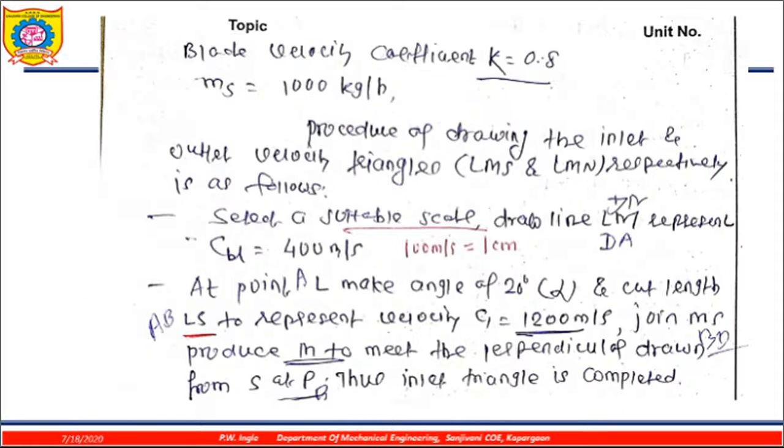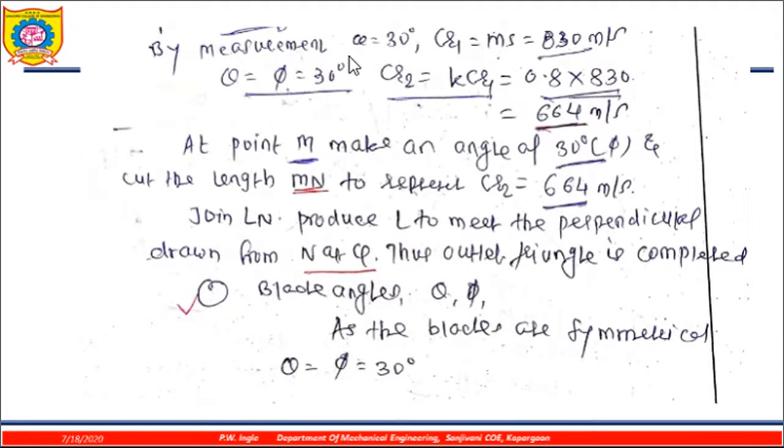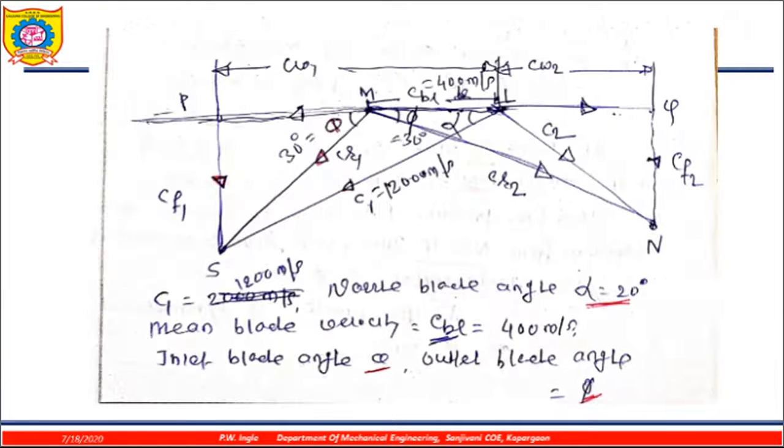By measurement you get theta equal to 30 degrees, CR1 equal to 830 meter per second, and phi equal to 30 because it is mentioned in the problem that they are equal. So CR2 equals K CR1, which gives 664 meter per second. Then at point M, make an angle of 30 degrees and cut the length MN, that is CR2.